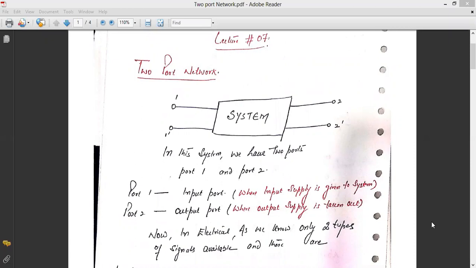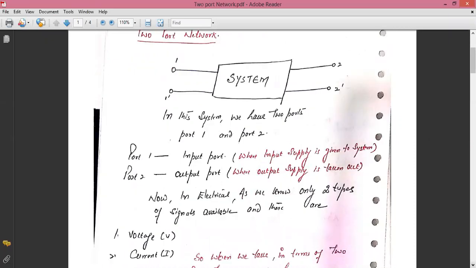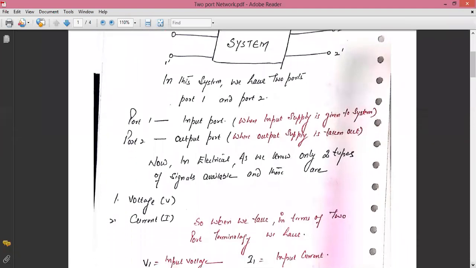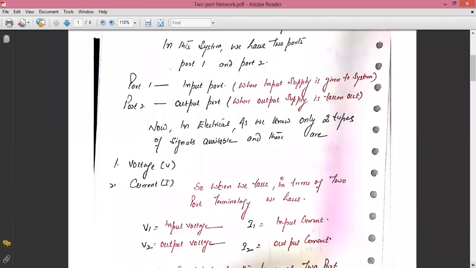Now in electrical, as we know, there are two types of signals available. One is called voltage, another is called current. So in terms of two-port analysis, we have four values, that is V1, V2, I1 and I2, where V1 is the input voltage, V2 is the output voltage, I1 is the input current and I2 is the output current.